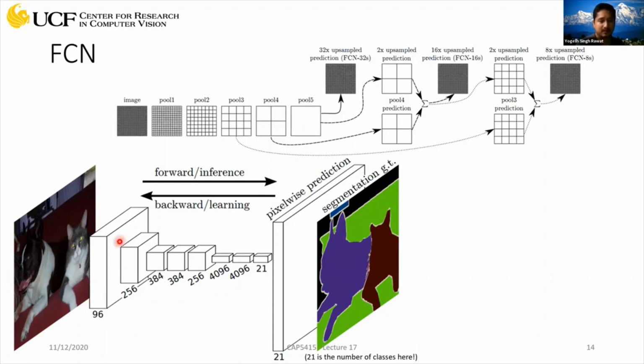On the other hand, if you just use the initial layers, each pixel location has a very small receptive field. Let's say you look at this particular location on the left top. The activation at this location was computed based on convolution operations in this particular region.